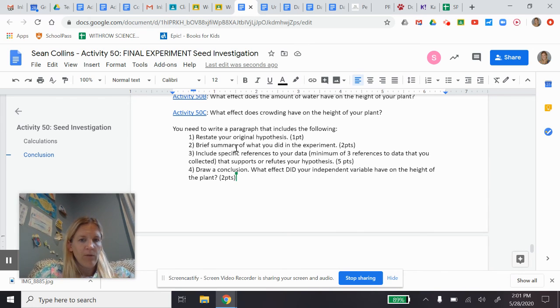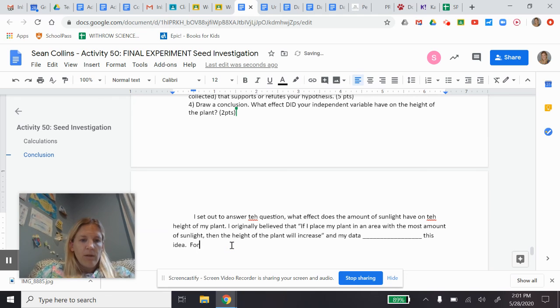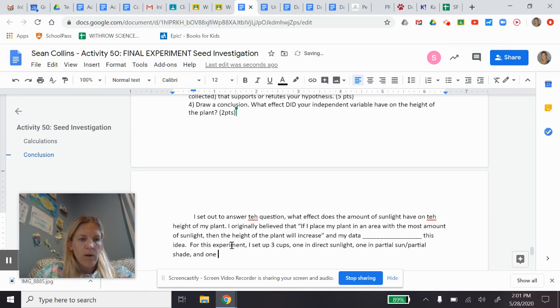Number 2, a brief summary of what I did in the experiment. For this experiment, I set up 3 cups, 1 in direct sunlight, 1 in partial sun, partial shade, and 1 in complete darkness. These cups had the same amount of soil, water, same size of cups, and same duration of experiment.